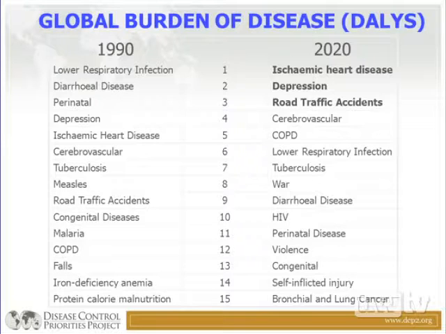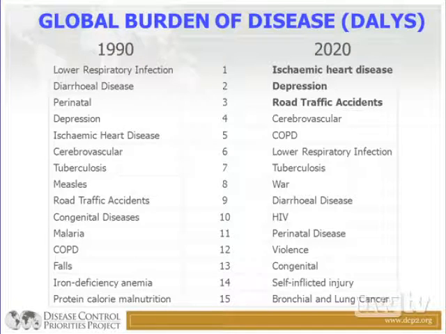For 1990, you can see that the #1 cause of DALY loss was lower respiratory infection, followed by diarrheal disease, both infectious diseases, perinatal disease, depression, ischemic heart disease, cerebrovascular disease, tuberculosis, measles, traffic accidents, congenital diseases, malaria, and so on.